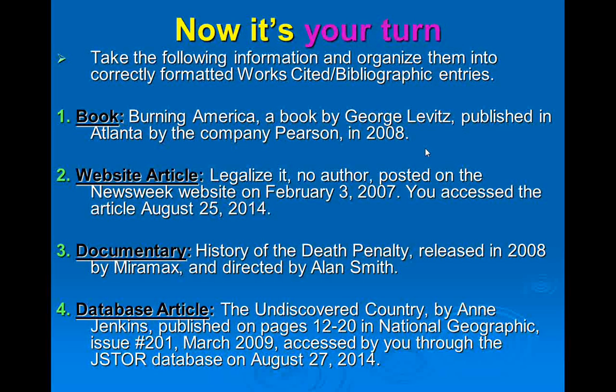Now again, to do this assignment, the best way to do it is to use those resources that I told you about. So you can go back and use this video. Just go back to the beginning and stop and pause it on each source as I explain how you do it, and as you look at the examples of what gets italicized and what goes in quotation marks and where you put commas and periods and those kinds of things.